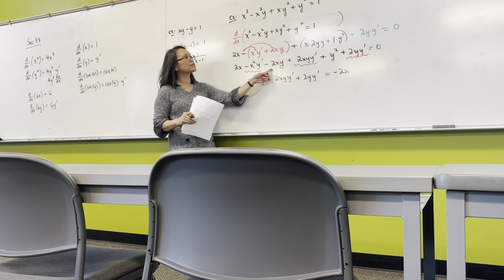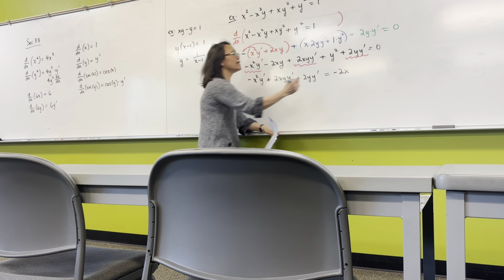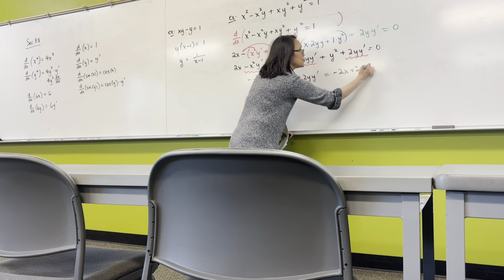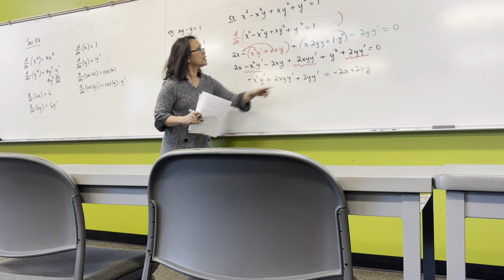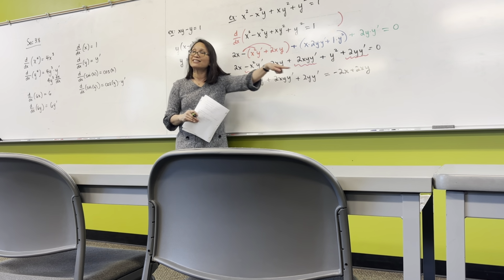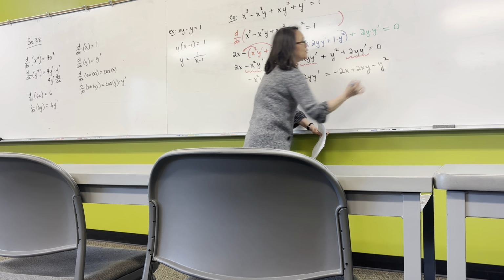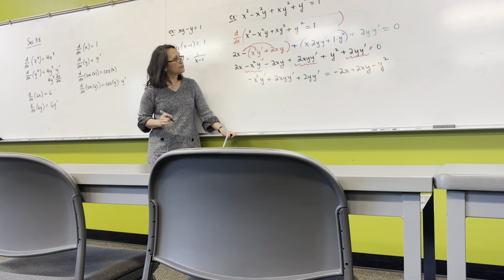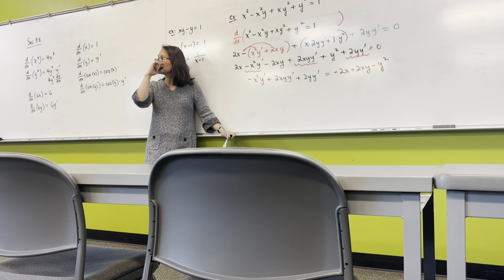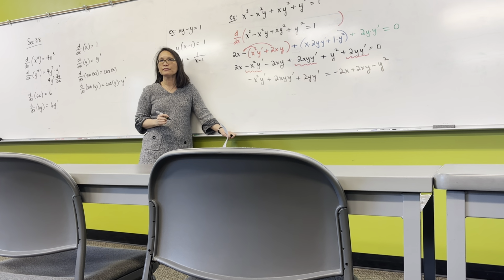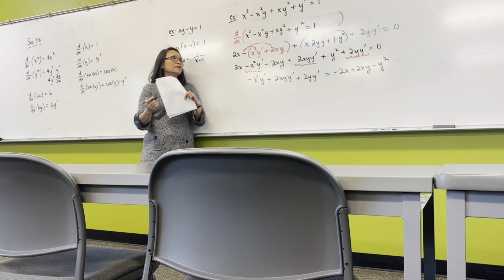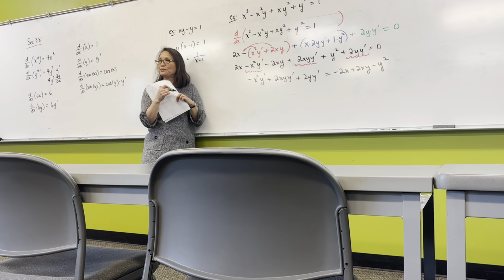The minus 2xy added to the other side becomes a plus 2xy. And this y squared on the left-hand side subtracted to the right-hand side becomes a minus y squared. Any questions on that? Everyone's okay?